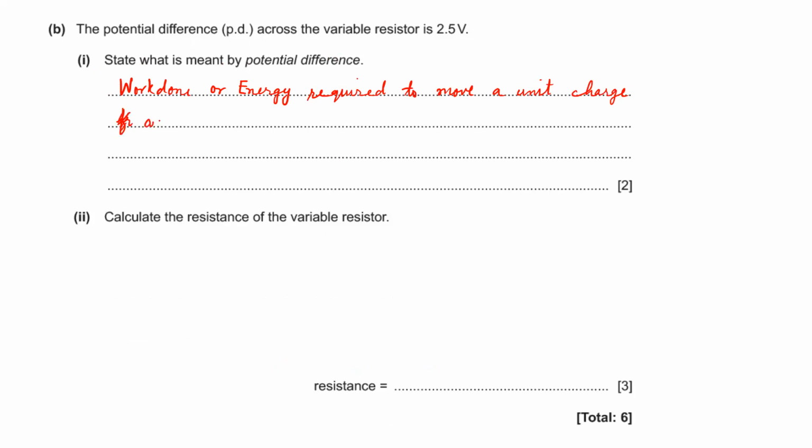It's better to say across. The work done to move a unit charge completely across the circuit is known as potential difference.